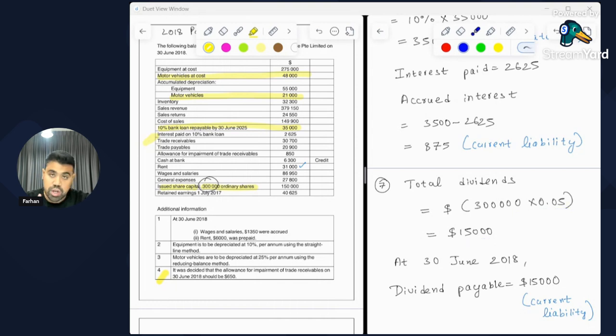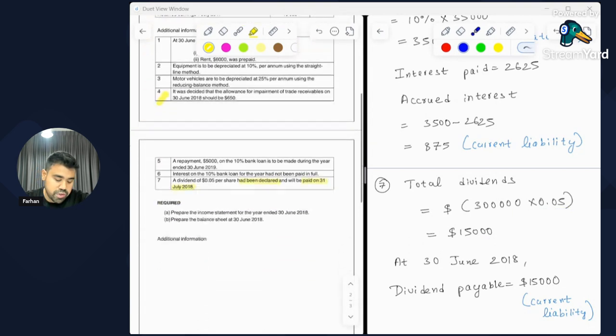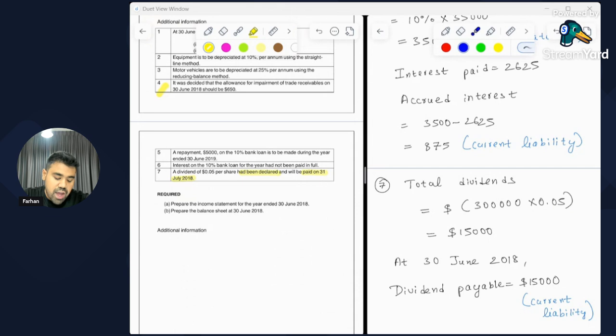Now, if you read the question very carefully, you will see that they have mentioned that the dividend had been declared. So declared means it hasn't been paid yet, okay? It will be paid on 31 July 2018, which is in the next financial year or the next month. Because this hasn't been paid yet, remember that we're preparing the financial statements for the year ended 30 June 2018, and this dividend will be paid on 31 July 2018.